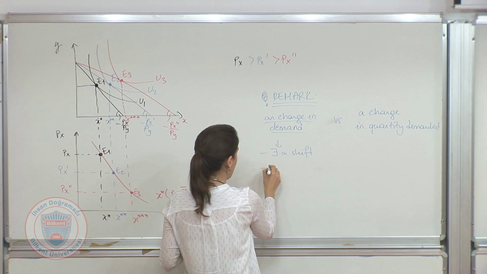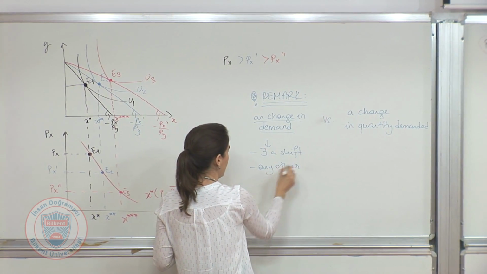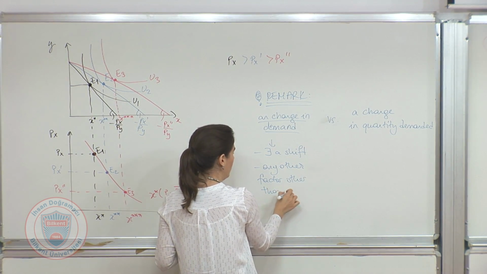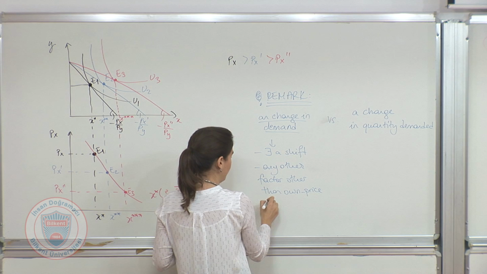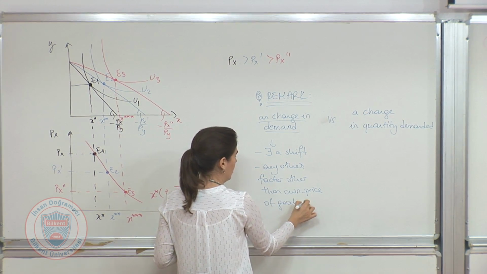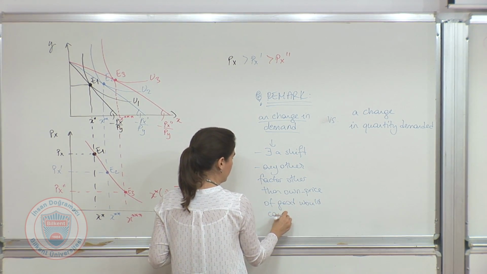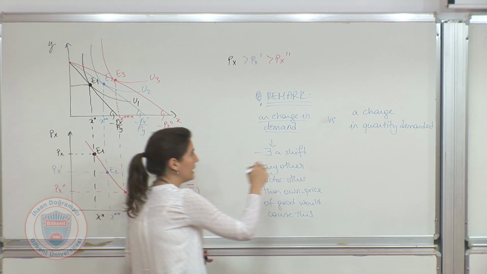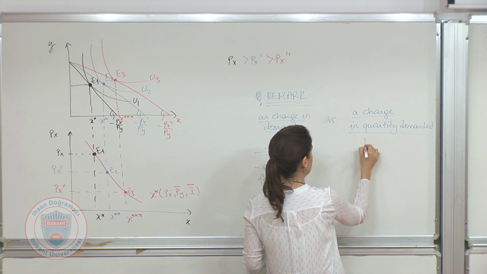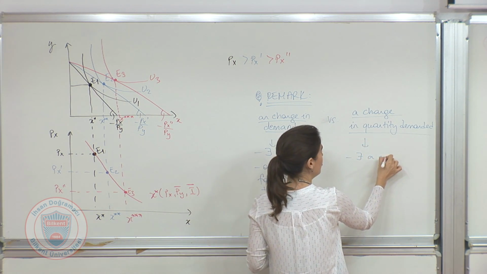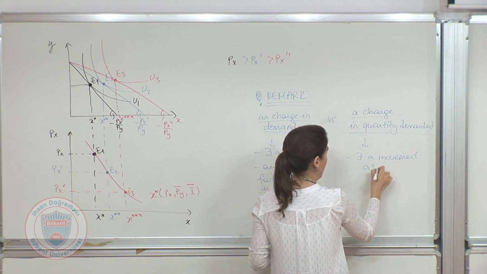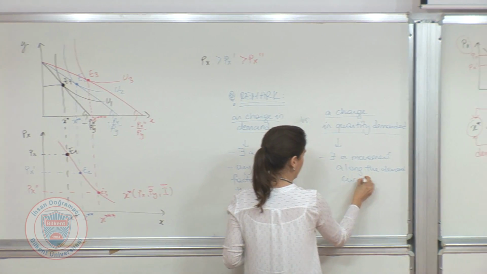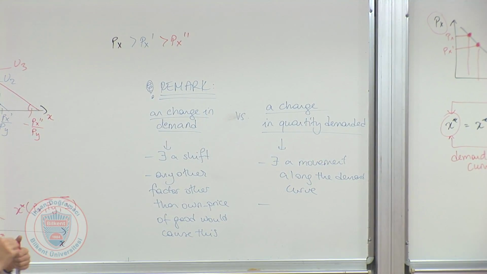So any factor other than the own price of the good would cause this. Now, a change in quantity demanded is different. A change in quantity demanded happens when there is a movement along the demand curve.